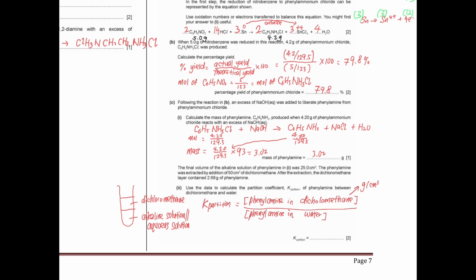For this, it is again gram per cm cube. Okay. So we count this, then you get a number, and that number will be the answer.